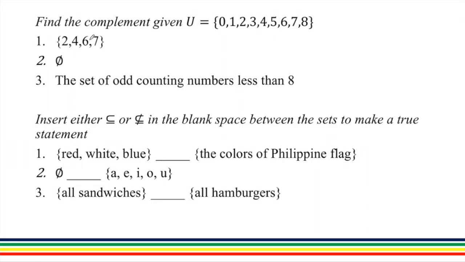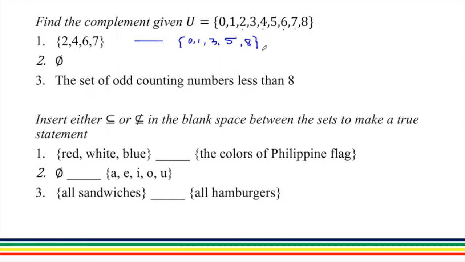So let's identify 2, 4, 6, 7, and what's left are 0, 1, 3, 5, and 8. So the complement of number 1 is {0, 1, 3, 5, 8}.